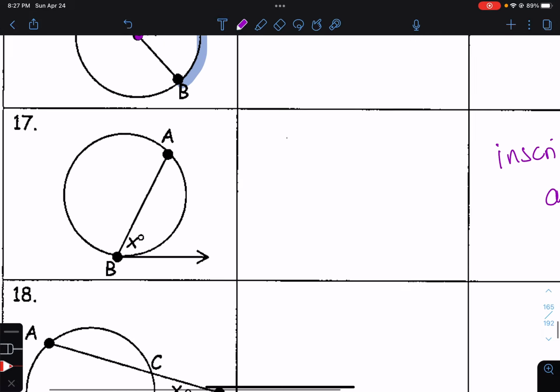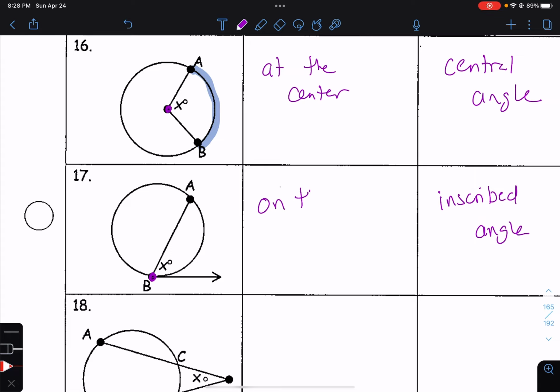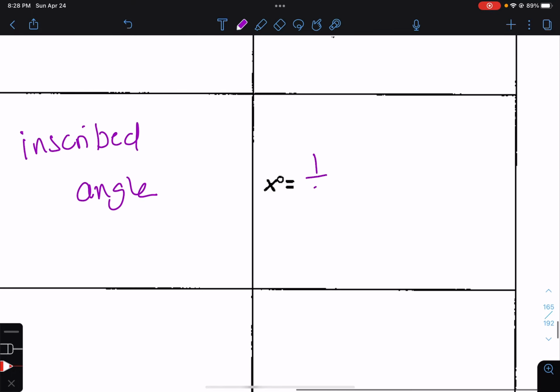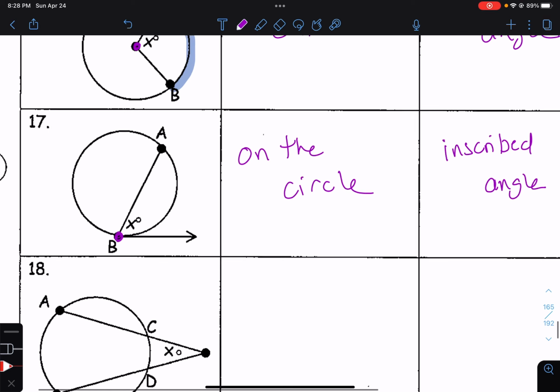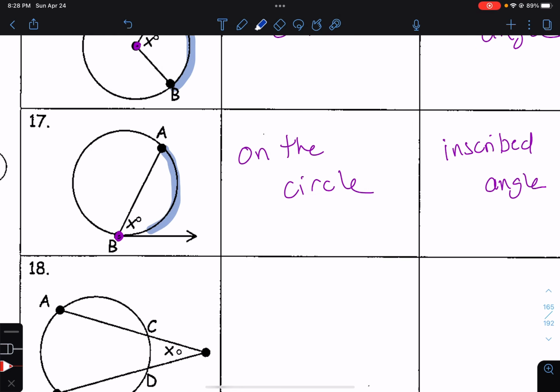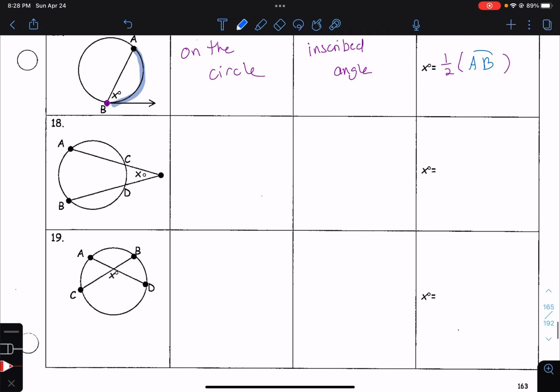If you look at where the vertex of an inscribed angle is, it's on the circle, different than at the center, and we know that the inscribed angle is 1/2 the intercepted arc. So 1/2 arc AB, don't know why I did C, would be equal to the angle.